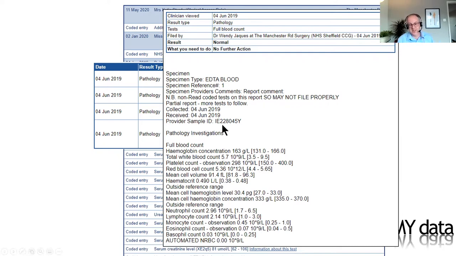And if we do a session later on big data and artificial intelligence, that's where artificial intelligence begins to look at natural language processing, for instance, begins to look at how you interpret text and turn it into useful analyzable codes. So you'll see there's some structured data there in terms of dates. The provider sample, that's a code which links back right the way to the lab system in the hospitals. So you can link the data together, and then the structured data, the results are in there.